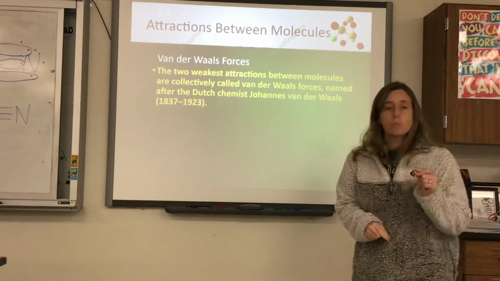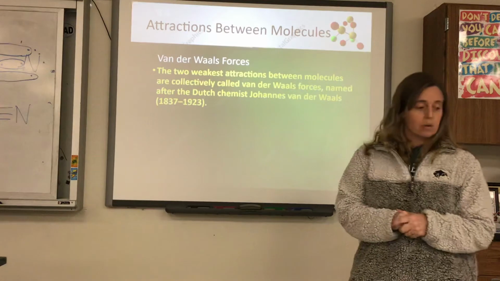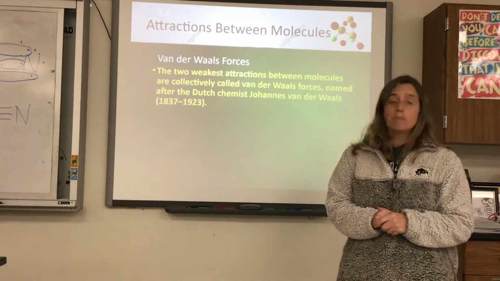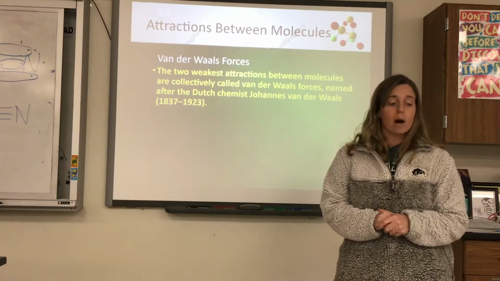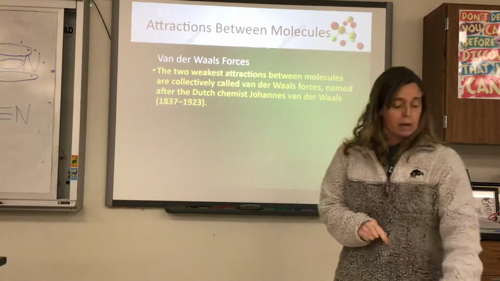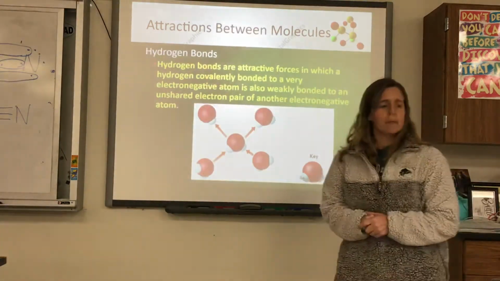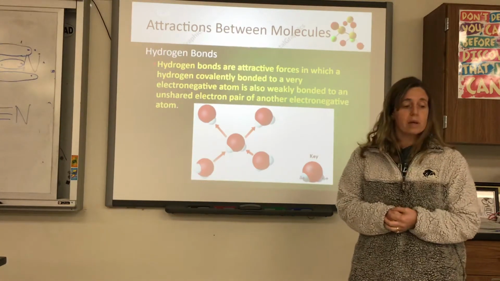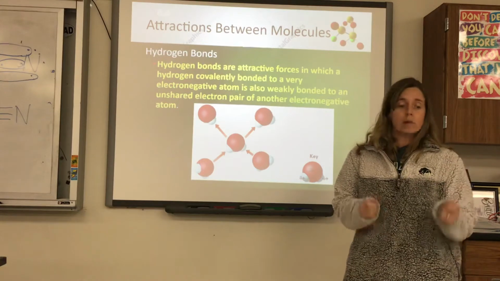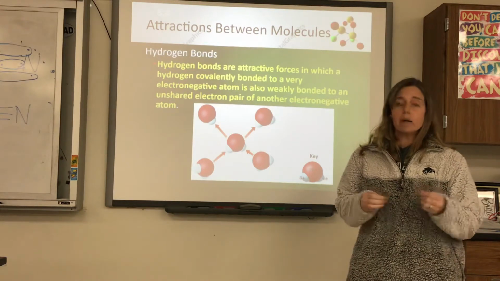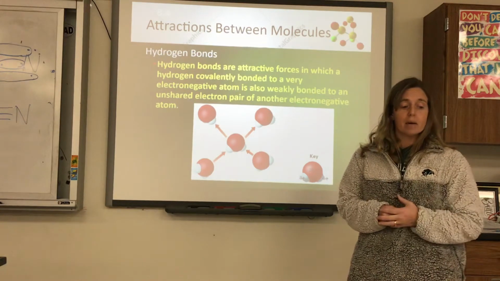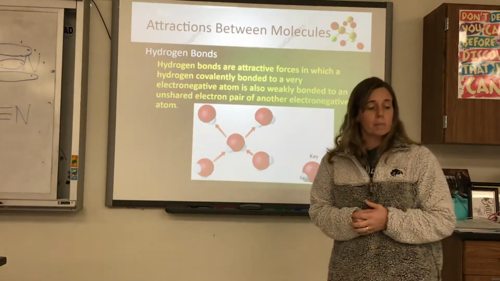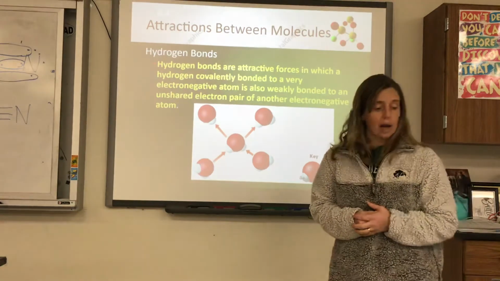So the two weakest attractions between molecules are collectively called van der Waals forces, named after the Dutch chemist Johannes van der Waals. Now, what's happening is these hydrogen bonds are attractive forces where a hydrogen covalently bonded to a very electronegative atom is also weakly bonded to an unshared pair of another electronegative atom, okay?